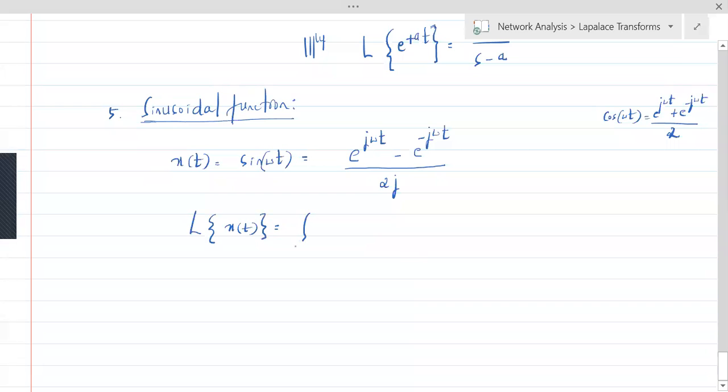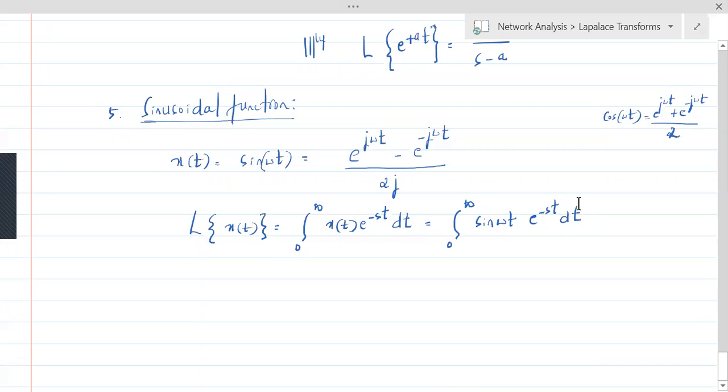It is integration 0 to infinity x of t e power minus st with respect to t. Fine. Now, what is x of t? X of t is sine omega t, e power minus st dt.